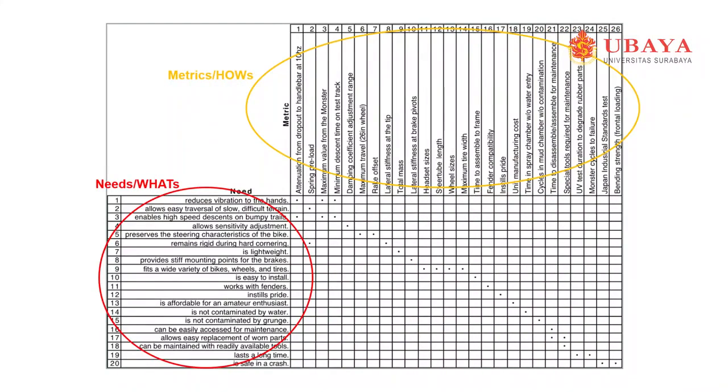Back to the connections between metrics and needs. Again, I'll remind you that customer needs are called whats, and metrics or specs we call hows. So whats connects to hows.